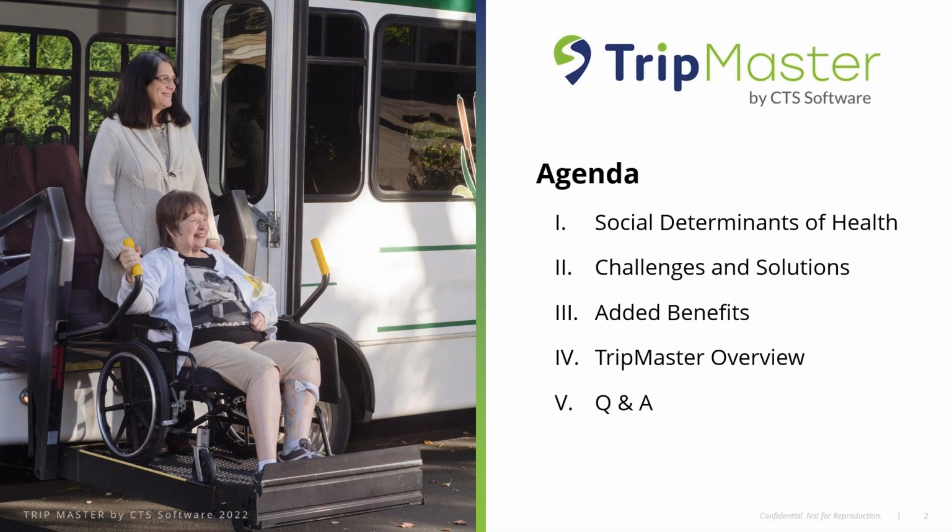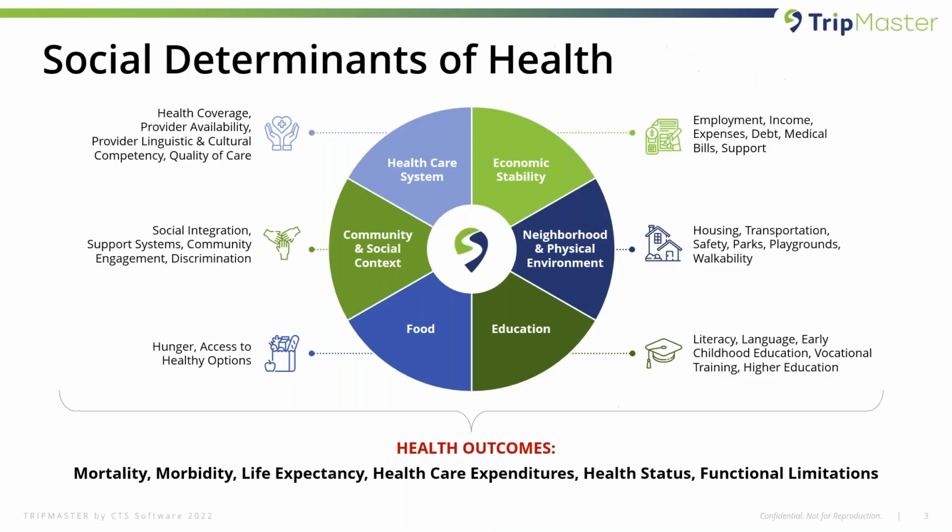We also want to cover some added benefits that scheduling and dispatching software will almost certainly provide, in addition to solving the challenges we discussed. And then we'll give a quick overview of TripMaster, our company and history. And then we'll have opportunity for some Q&A. I know Mark's going to be fielding those along the way, so I really encourage you to ask any questions that you have or anything that pops up along the way. That said, we will dig right in.